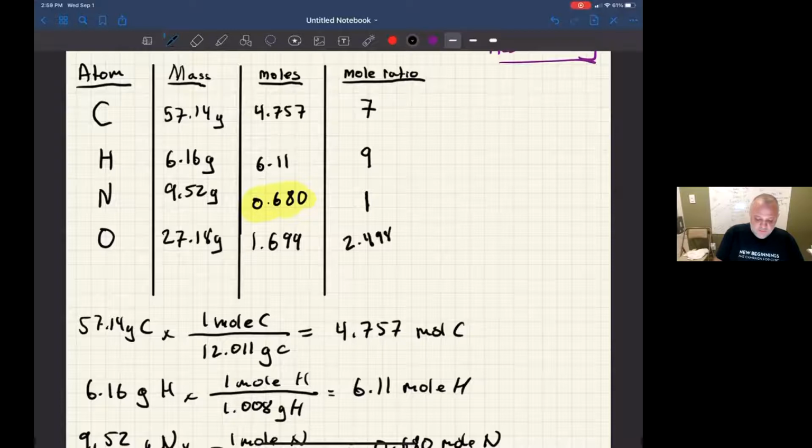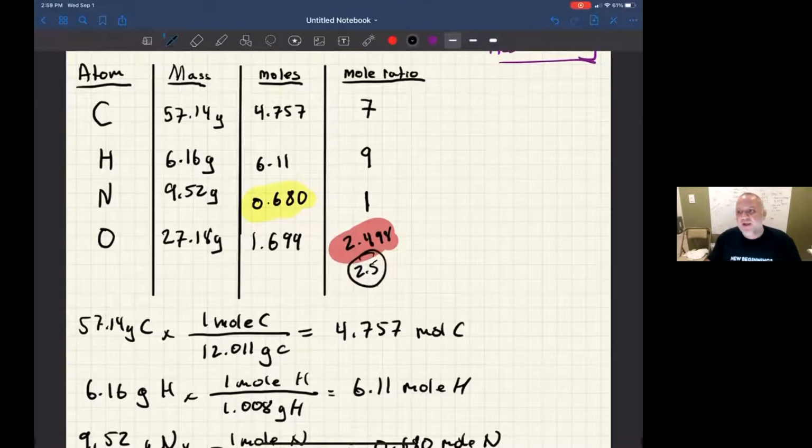And so it's important to realize that this is 2.5. And 2.5 has a common fraction. And remember, we have to get the lowest whole number ratio of atoms. And all of the first three, 7, 9, and 1, they're whole numbers, but 2.5 isn't.